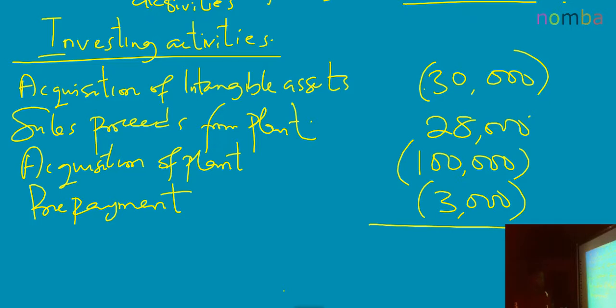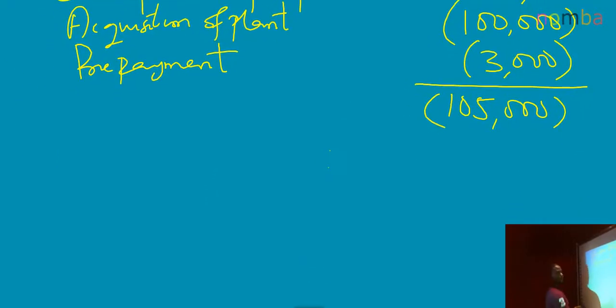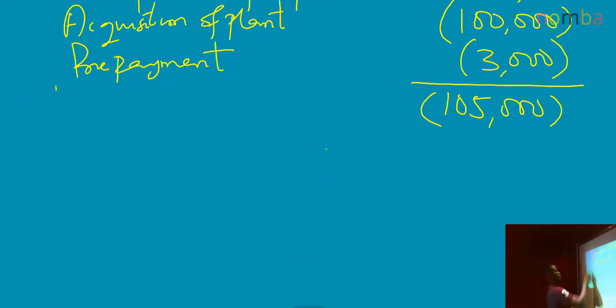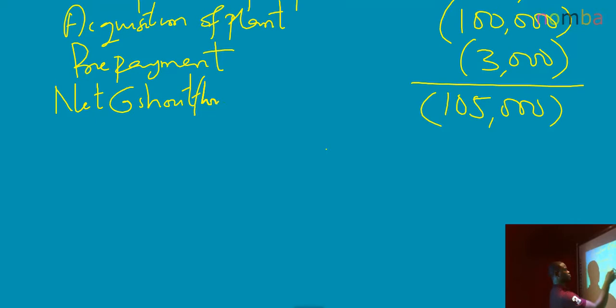Now net it off against this 28,000. Then that gives me 105,000. And this 105,000 will be an outflow. And it will represent a net cash outflow from investing activities.